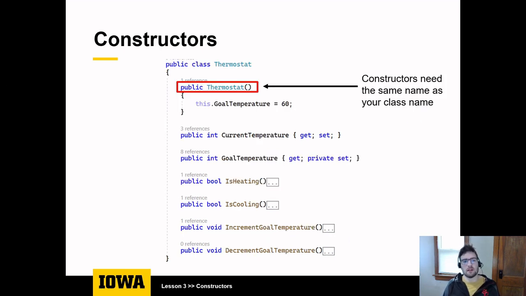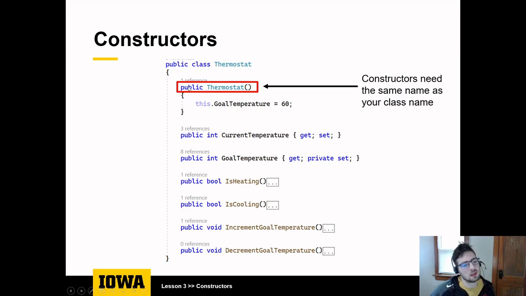Okay, so now I've added that constructor for the thermostat that contains the instructions for getting the thermostat in a condition where it is ready to be used by other parts of the program. So let's break down this constructor, right? It's these 4 lines right here, 2 of those 4 lines being curly braces.